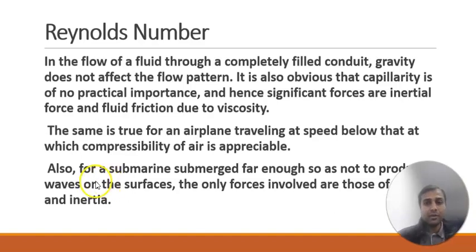Now, if we are looking at a submarine which is submerged far enough, at a certain level, and it's not producing any wave, and it's actually moving. When the submarine is moving, it's cutting the fluid, it's cutting the water. When it's cutting the water, on the surface of the submarine, that's where they cause the friction.